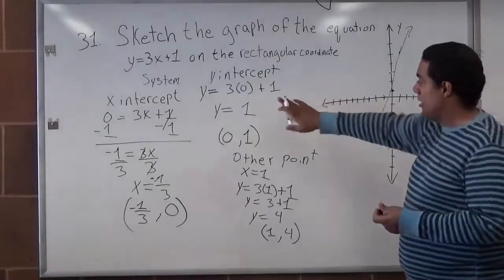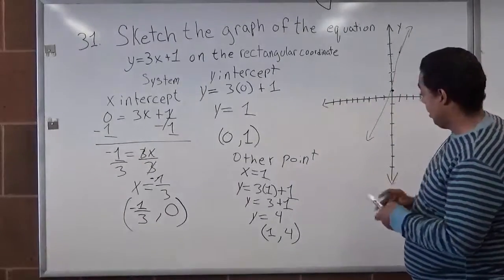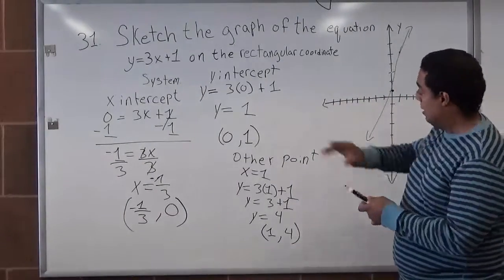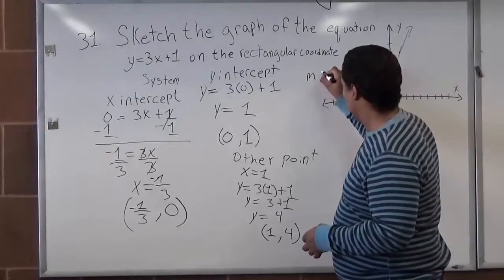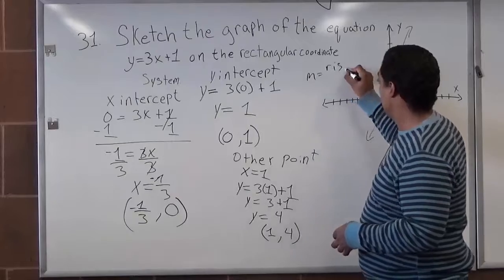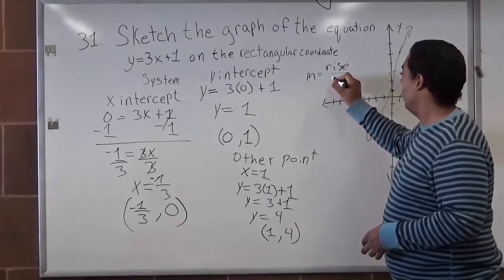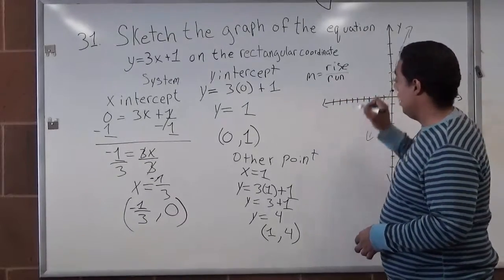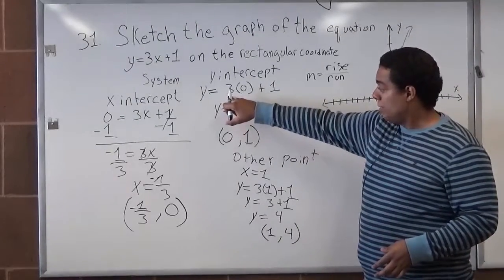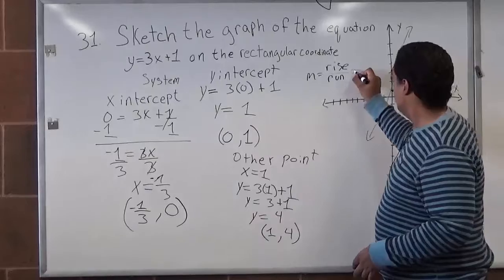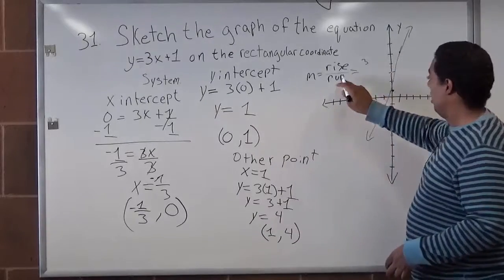But if you have it in slope-intercept form, you could actually get this result basically just by using, we know our slope is the rise over the run. And since our slope is 3, so 3 is our rise.